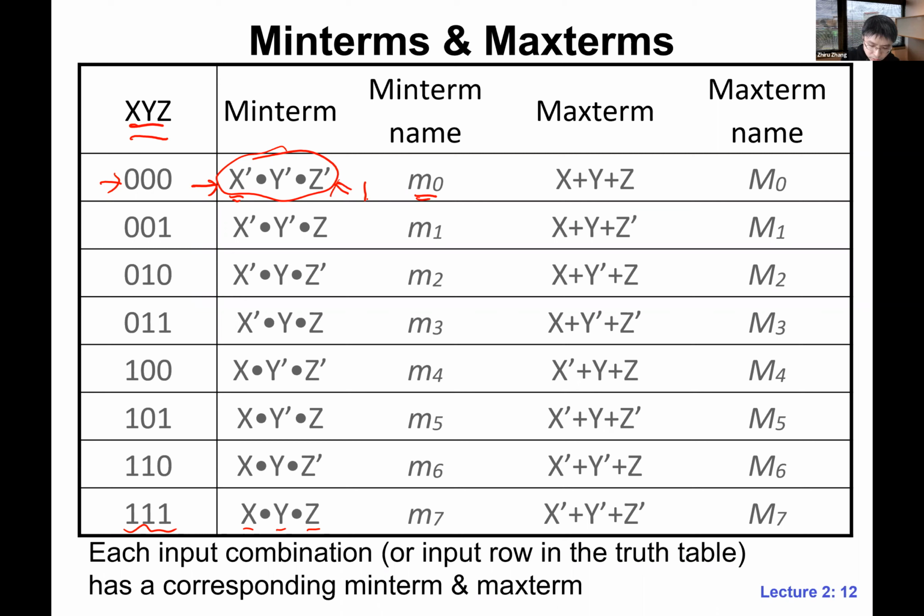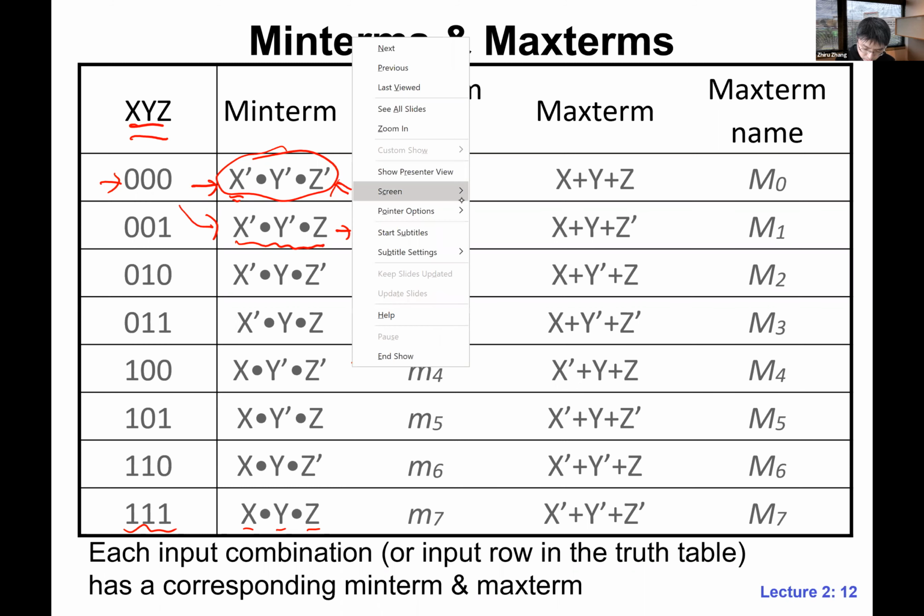But if you look at another one, for example this guy, we plug in 3 zeros, and this term is going to evaluate to 0, because Z is 0 and Z is in the positive literal form. Hopefully this makes sense. Let me erase this.